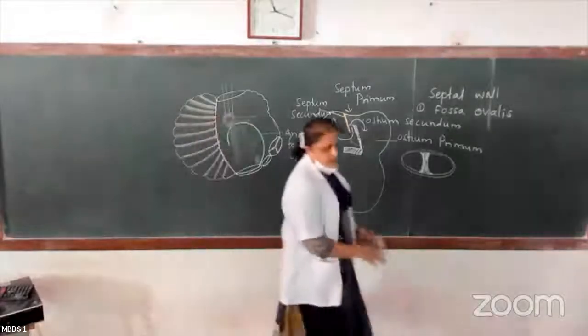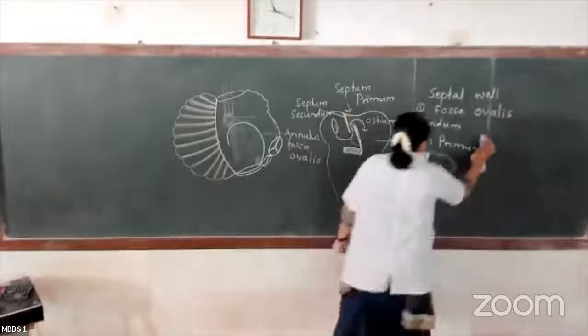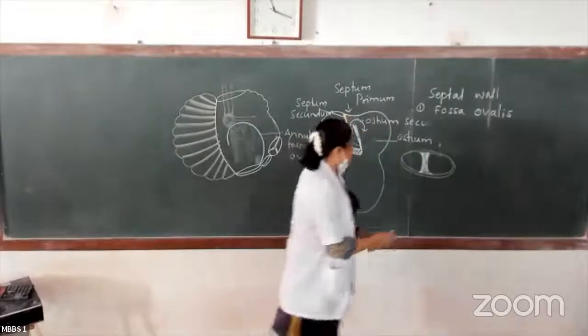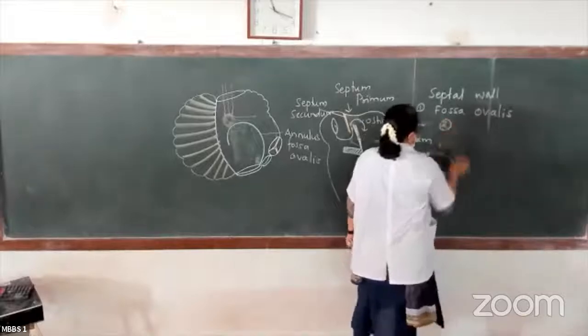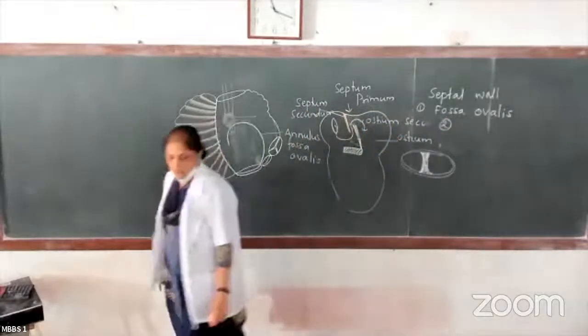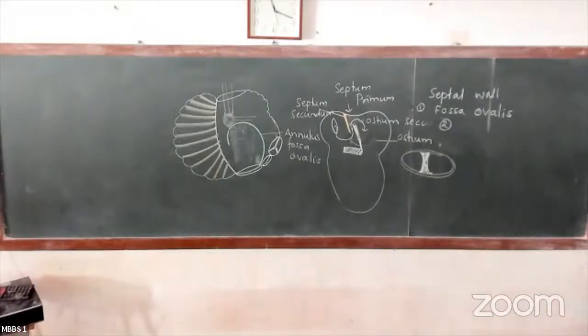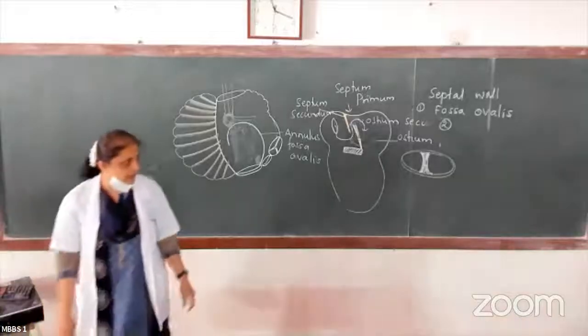So we can say that in the septal wall of the right atrium, the first feature is the fossa ovalis. We have described that the fossa ovalis is the remnant of the embryological foramen ovale, which is represented by the septum primum, which was forming the interatrial septum.